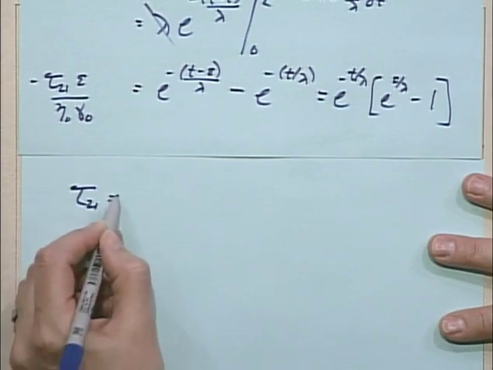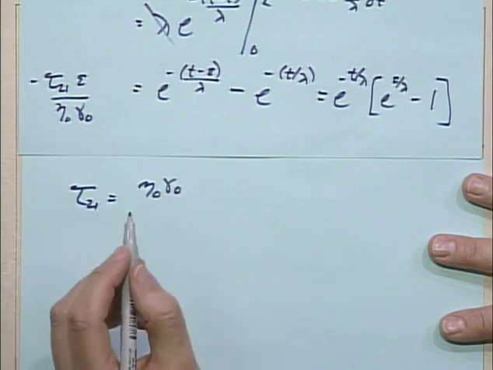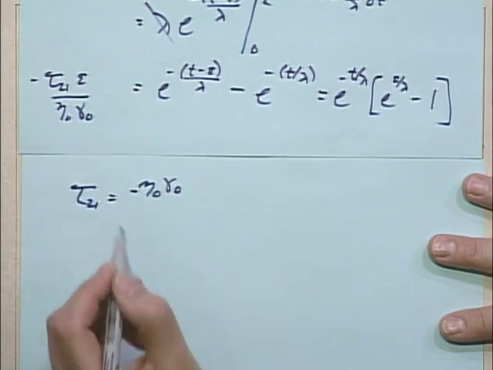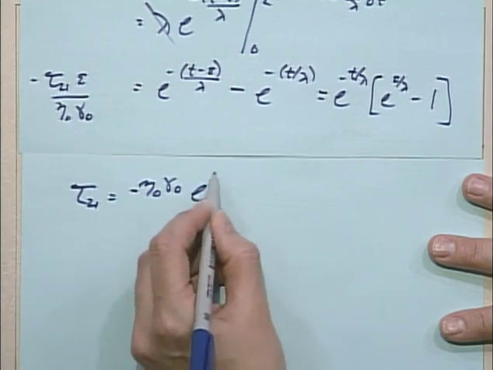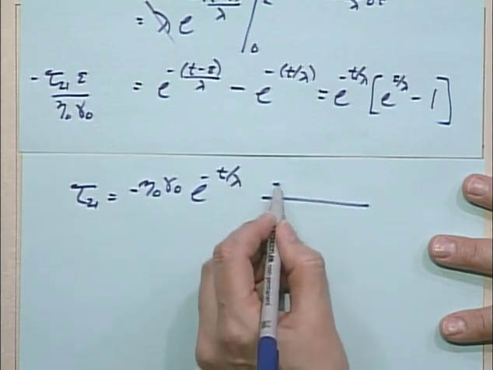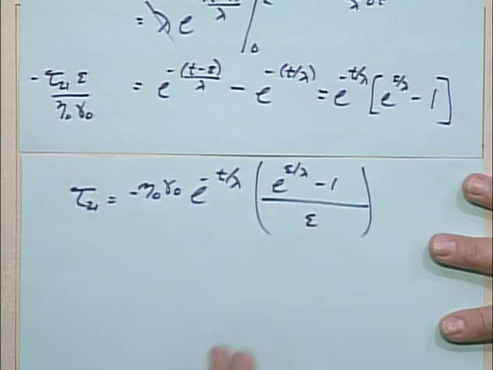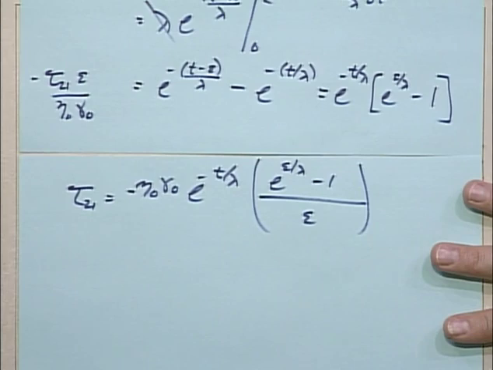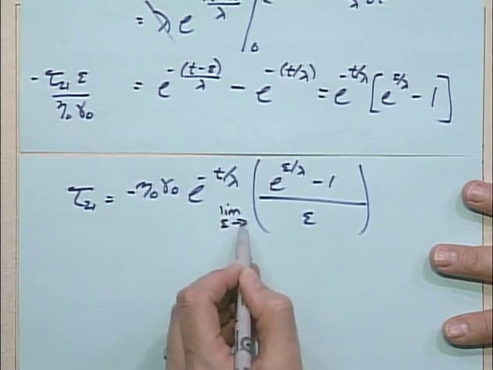Tau 21 equals negative eta naught gamma naught times e to the minus t over lambda times (e to the epsilon over lambda minus 1) over epsilon. Limit epsilon goes to 0.